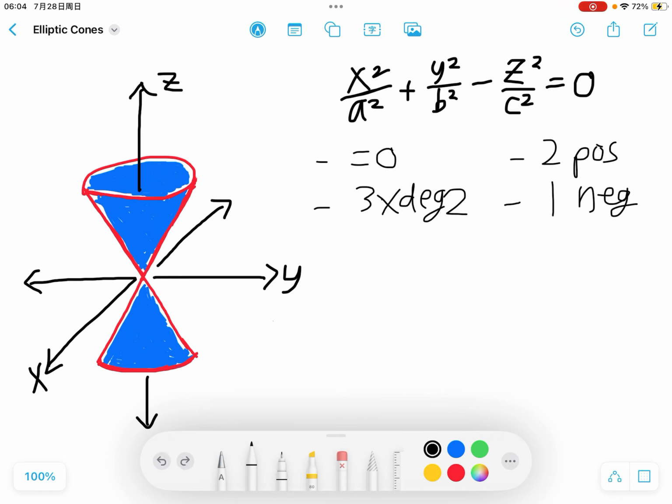The z here is the negative coefficient variable, right? So our graph is parallel to the z-axis.